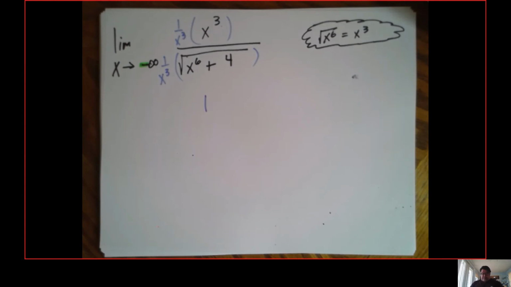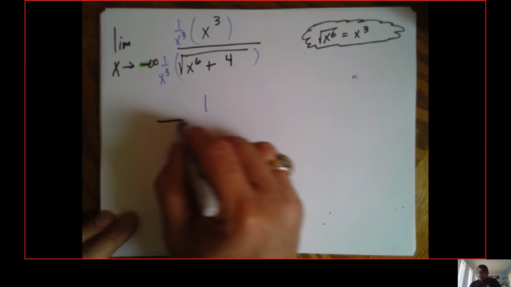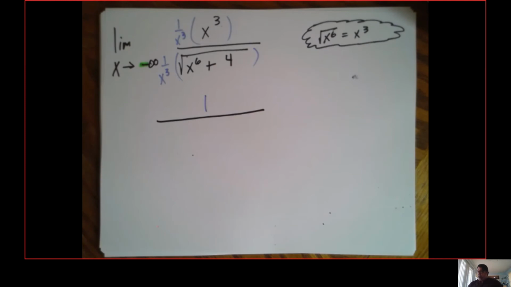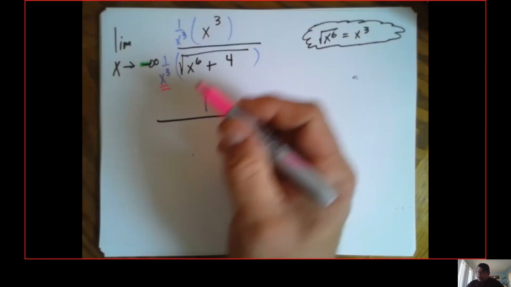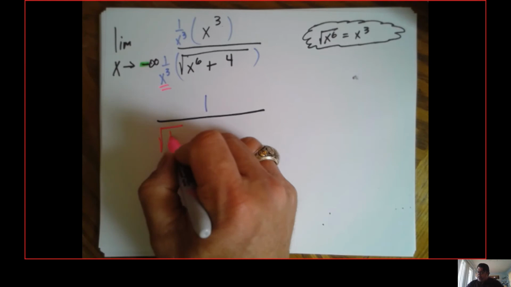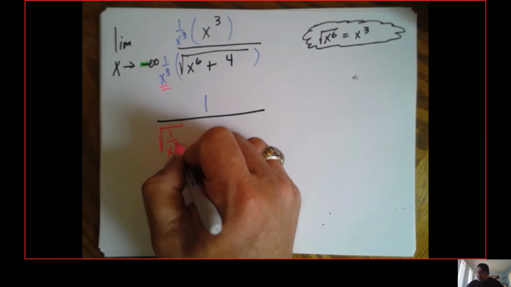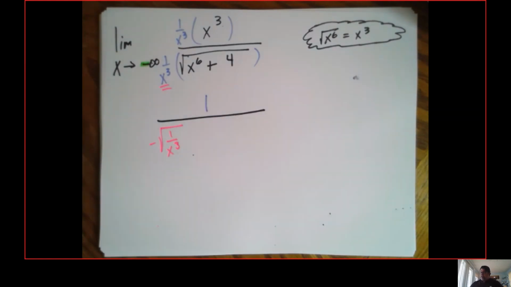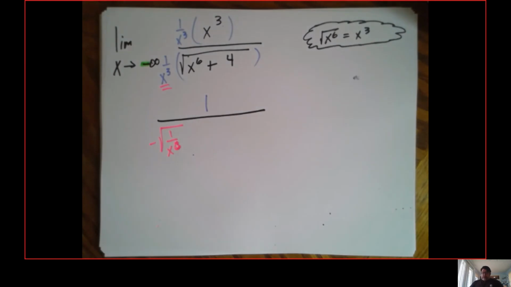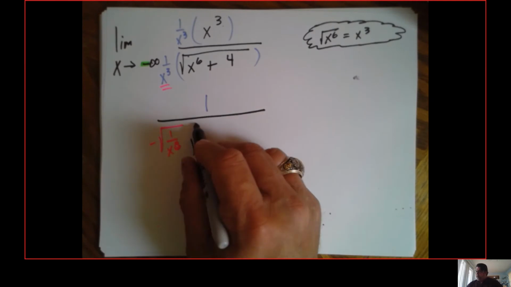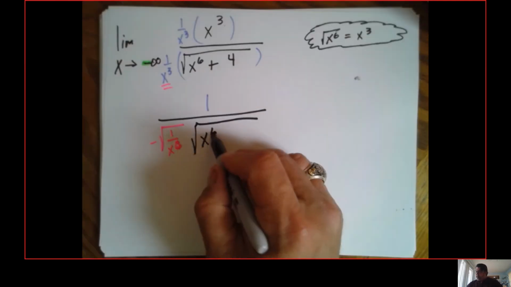And the bottom, I'm going to rewrite this as the square root of 1 over x to the 6th, times the square root of x to the 6th plus 4.